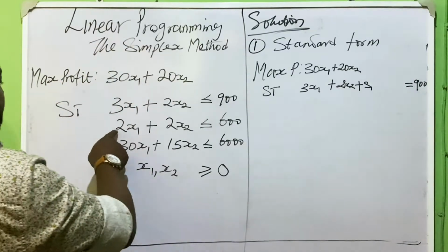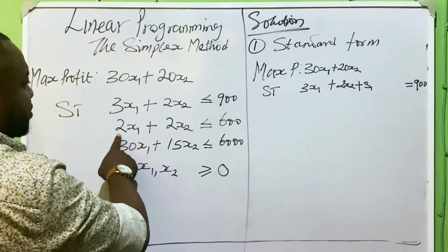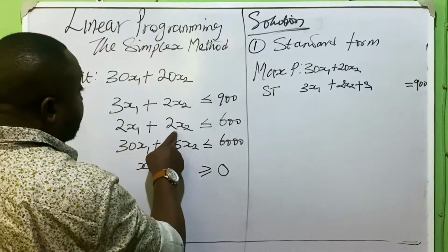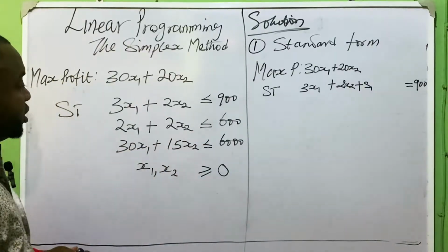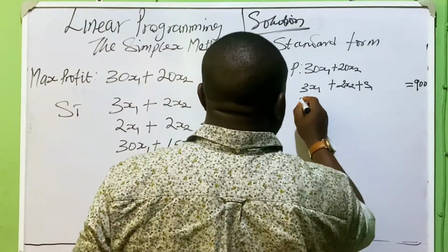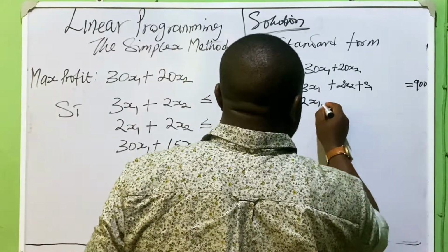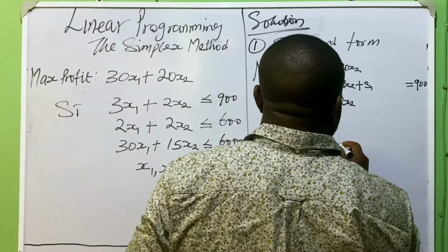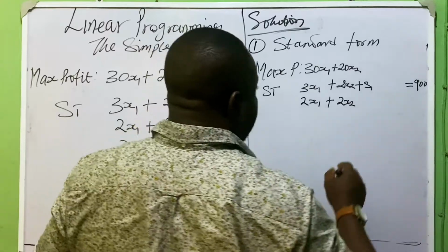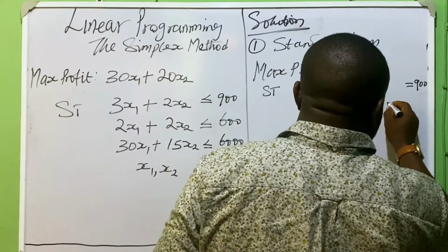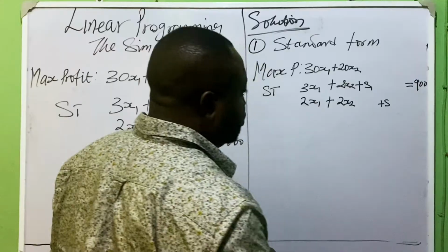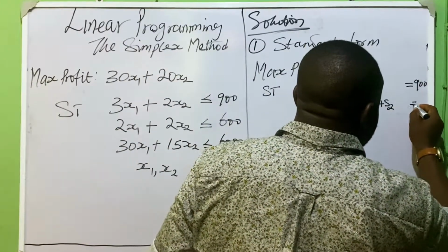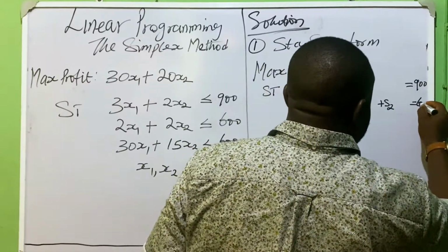Now, the same modification goes for this. We're bringing in artificial variables to balance it. So we have 2x1 plus 2x2 less than or equal to 600. So I have 2x1 plus 2x2 plus S2, that is representing this, which will now be equal to 600.